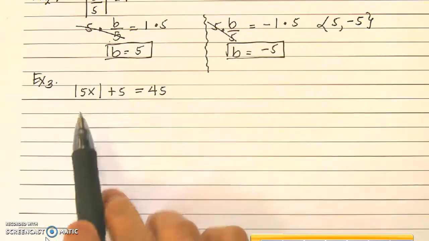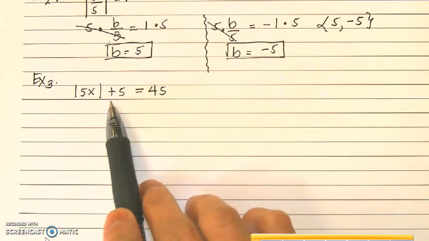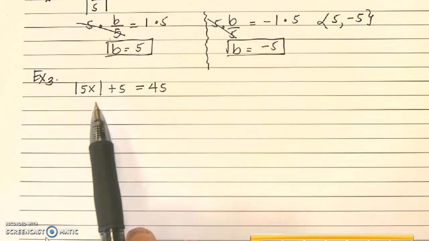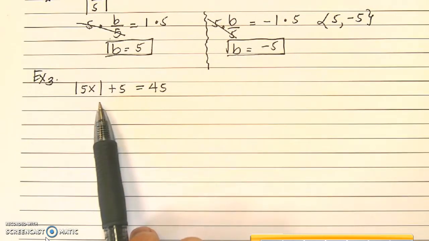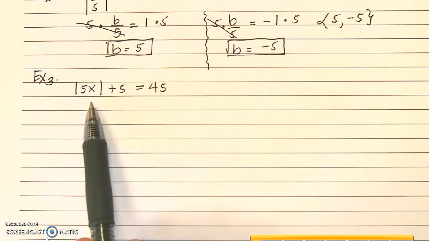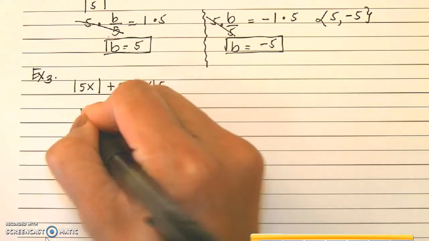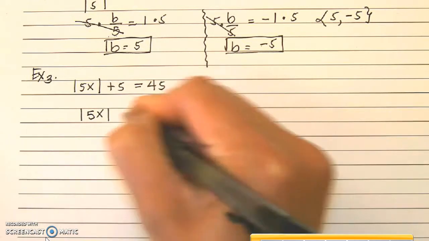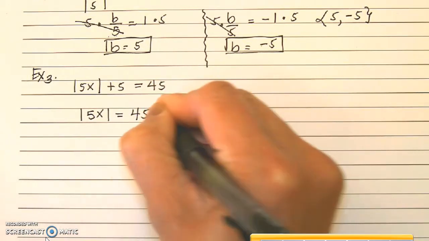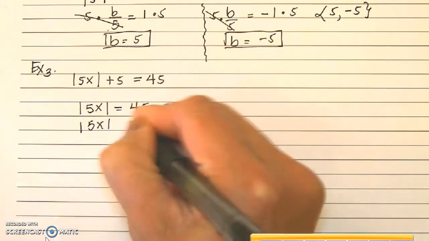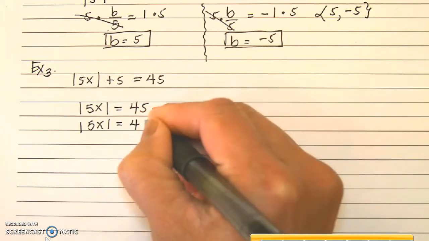Example number 3. Absolute value of 5x plus 5 equals 45. Please know that when you are solving equations involving absolute value, what you want to happen is one side should be solely the absolute value expression. So this right here must be removed. Therefore, your next step should look like this. And then it will become like this.